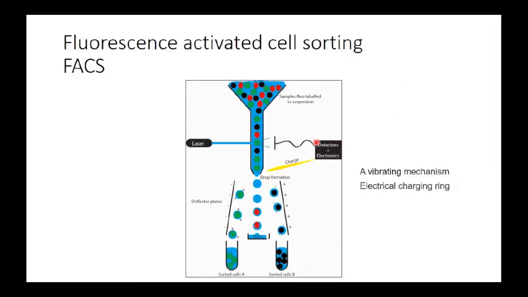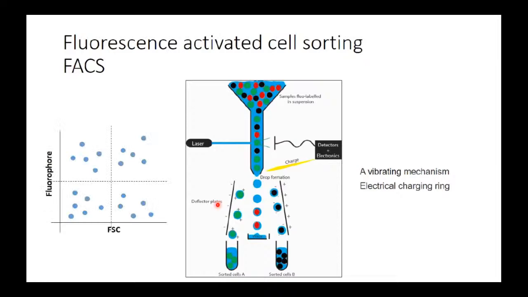For example, I can ask the computer to charge the high fluorescence cells with a positive charge and the low fluorescence cells with a negative charge. The cells will pass through the laser beam, the detector will detect the fluorescence, and then the computer will charge the high fluorescent cells with positive charge and the low fluorescent cells with negative charge.